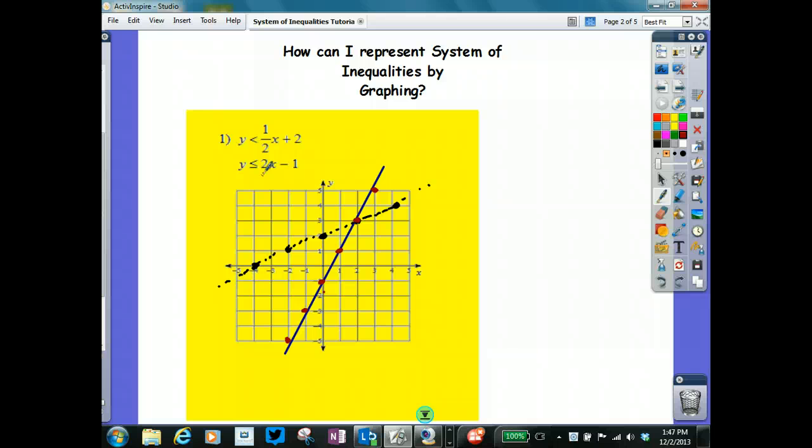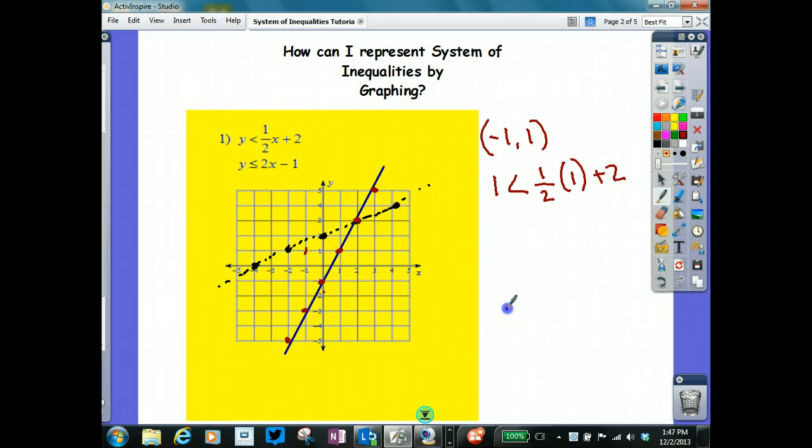So for example, let me choose -1, 1. That would be right here. Let's see if this would be the area that works. Substitute everything in. For the first one, 1 is less than 1/2 times 1 plus 2.